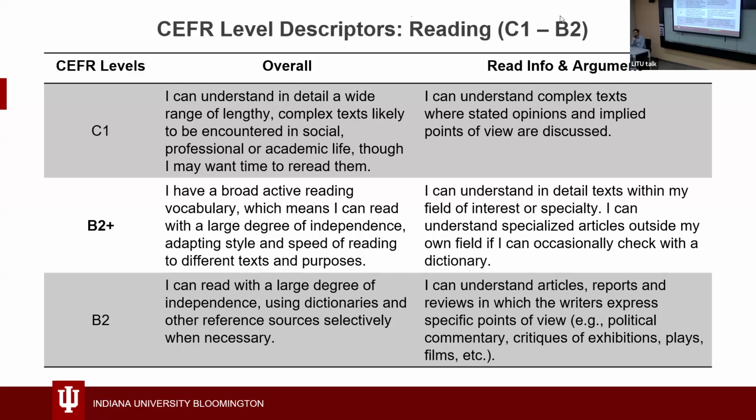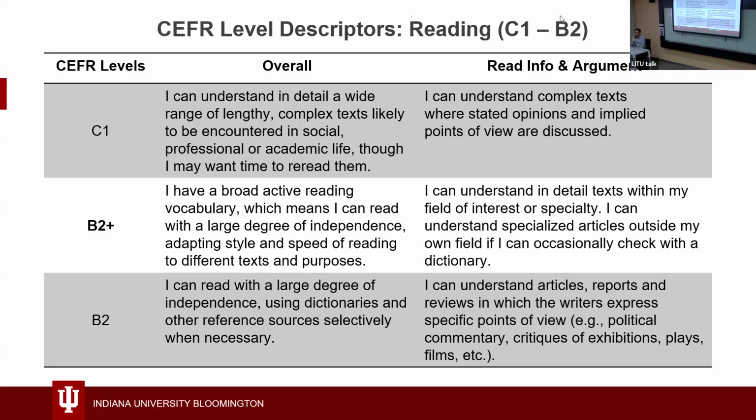As you can see, all these level descriptors are pretty much about what task can be done, under what conditions, and how well. That's all the CEFR levels are about. What tasks, what topics they can read and produce, under what condition, whether social, professional, academic, or personal life, and then how well, about accuracy and fluency, right?